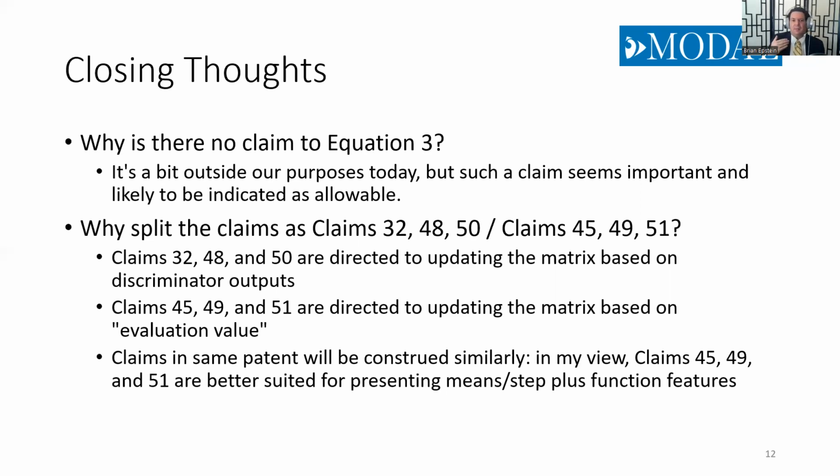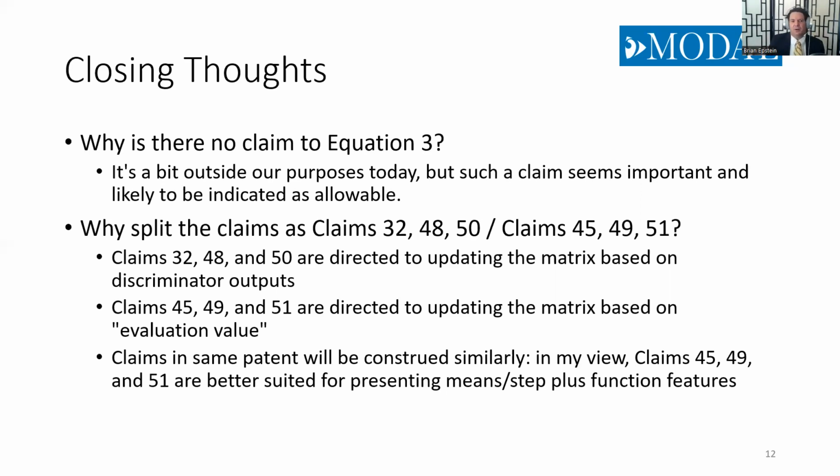All right. Again, I drafted these slides a while ago, and I was proposing to split the claims into 2 groups, 32, 48, and 50, and then 45, 49, and 51. This has now been memorialized in the examiner's election. So, claims 32, 48, and 50 are directed to updating the matrix based on discriminator outputs.